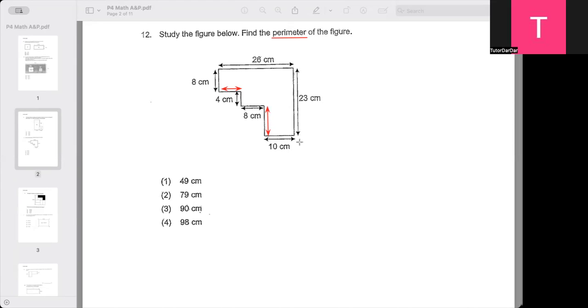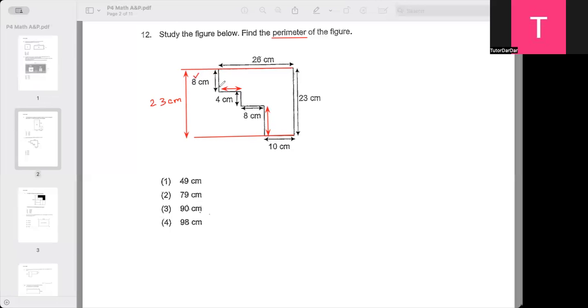From here to here is 23 cm. So from here all the way to here is 23 cm. And this is 23 cm for this side, right?